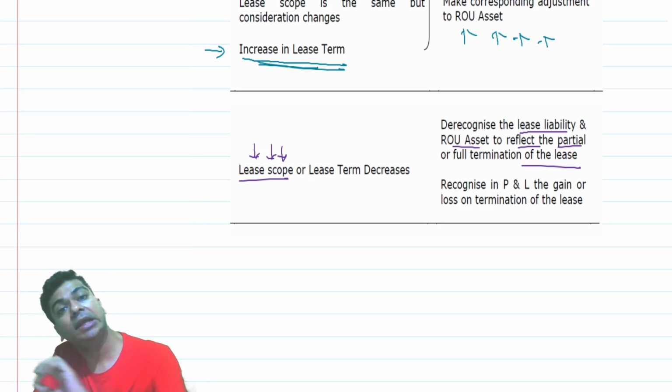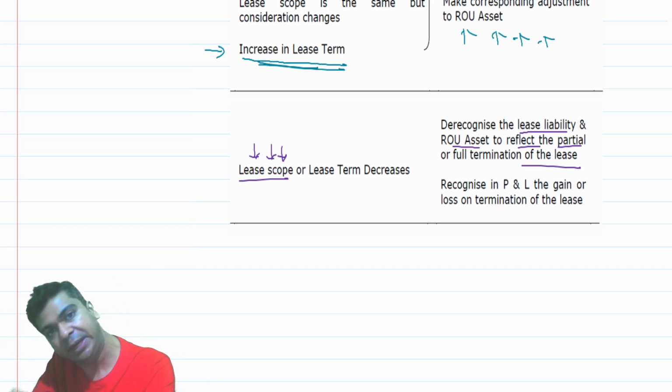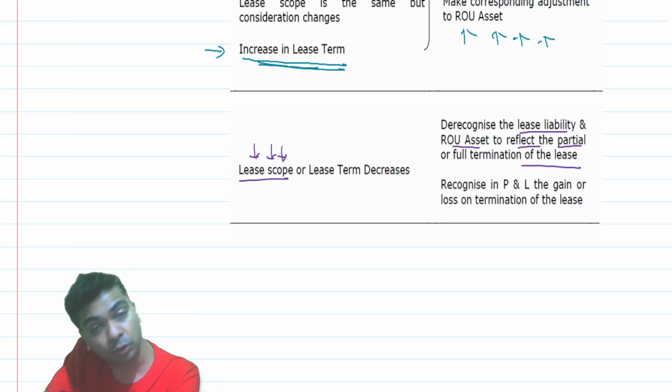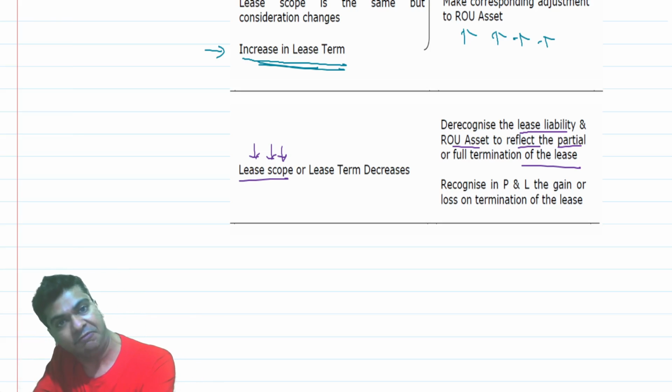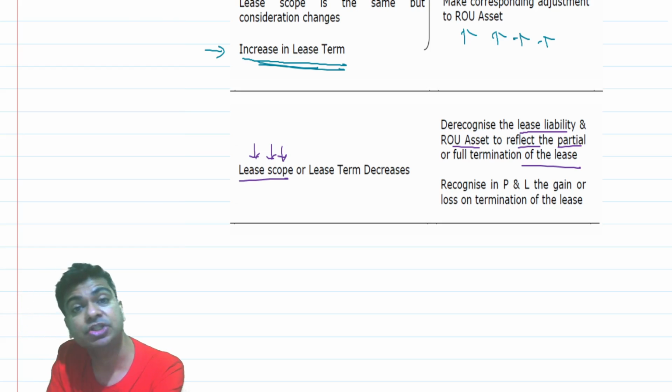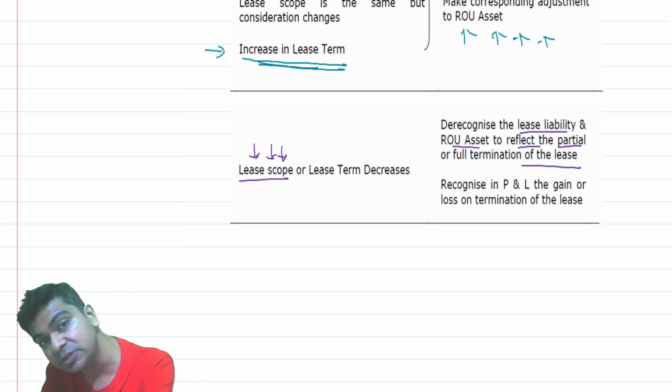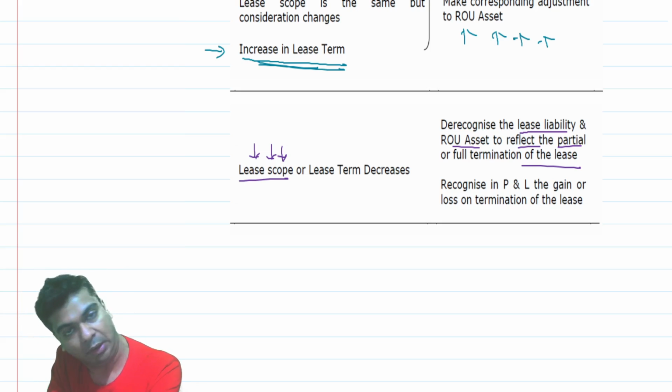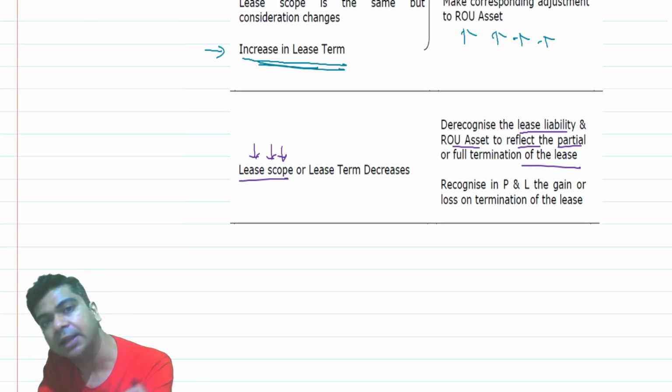We entered into a lease agreement for 5,000 square meters. We are bringing it down to 2,500 square meters. We are reducing, or in a way terminating the lease partially to the extent of 50%. This partial derecognition shall result in some gain or loss. This gain or loss has to be recognized in the P&L.